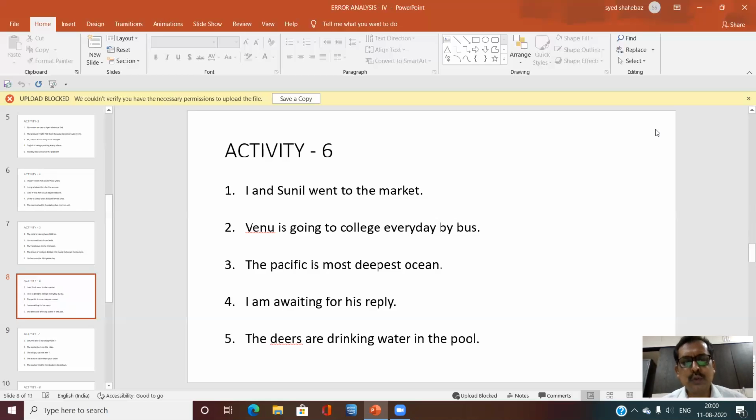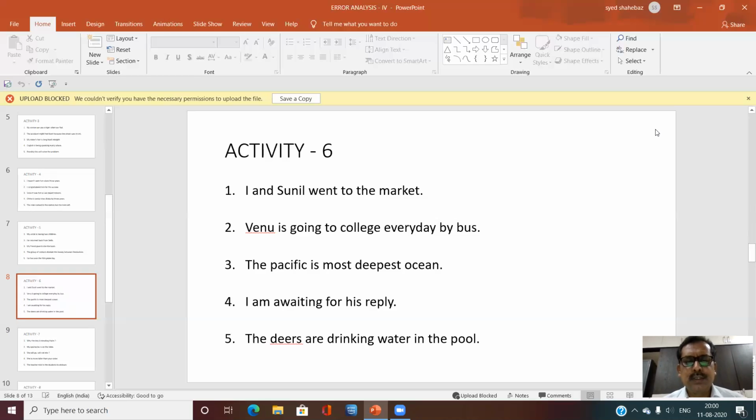This is the grammar rule: after the word await or awaiting, don't use any preposition. I am awaiting his reply. This is the correct sentence. Or I am waiting for his reply. If you want to keep the preposition, then change the word to waiting. So there are two ways of correcting this sentence.